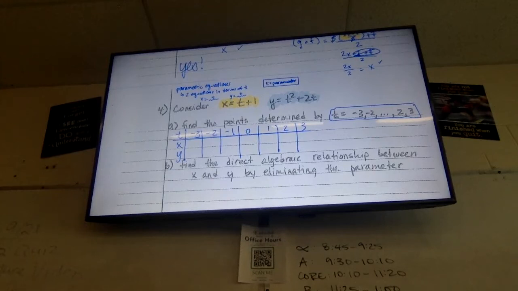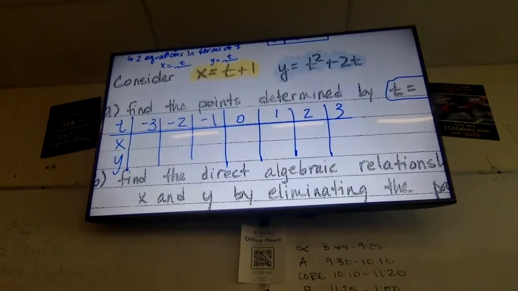Okay, so now we're going to look at the yellow one first, our x equals function. We're going to plug in -3, -2, all the way until we finish our chart. So t is -3. -3 plus 1 is going to be -2. Then I plug -2 in. -2 plus 1 is -1.